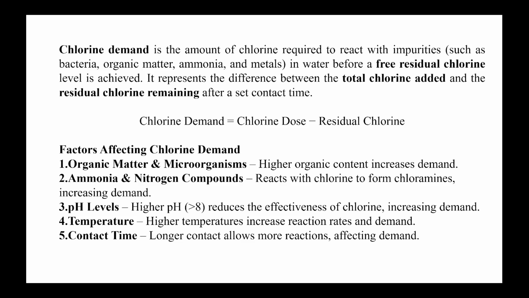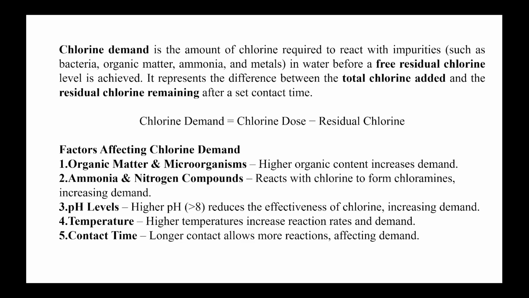Let's say 0.5 mg per liter chlorine is still there. So I started with 2 mg per liter and 0.5 mg per liter is remaining. That means the chlorine demand is 1.5 mg per liter. The water required that amount of chlorine to kill all the impurities present in the water.